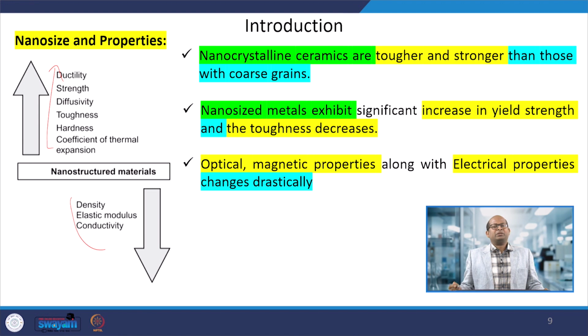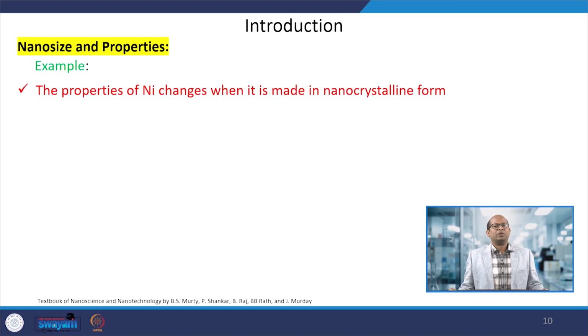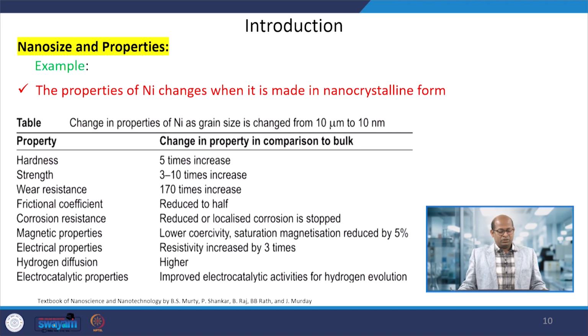Nanomaterials exhibit a significant increase in yield strength, while toughness would decrease, and at the same time optical, magnetic and electrical properties also will change. Okay, so these are the few things we will discuss. For example, suppose we have nickel.